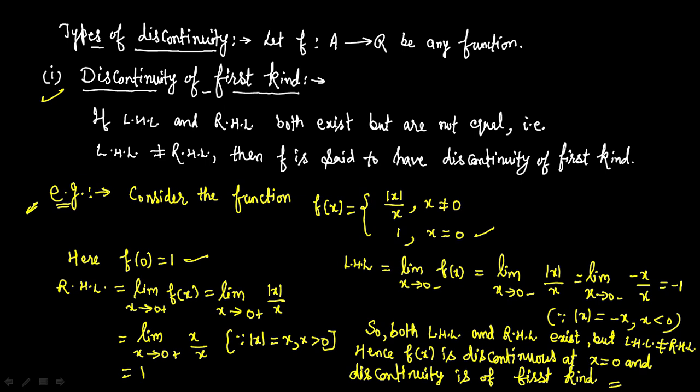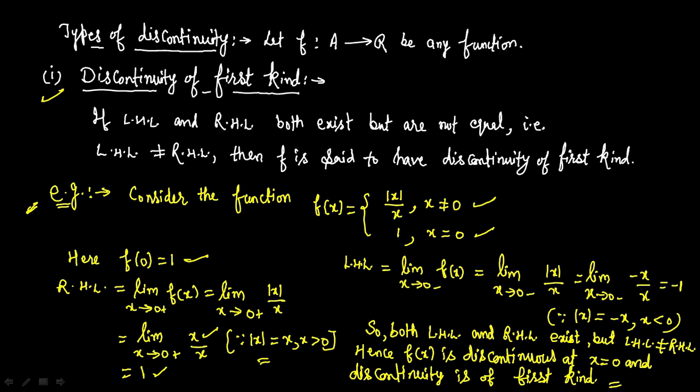You put the value of f(x) from here when x is not equal to 0, so it is mod x upon x. But you know very well from the definition of the absolute value function that mod x equals x if x is greater than 0. So we replace this mod x by x in the numerator. So you get x upon x, which is 1. When you put the limit, you get the answer 1. So RHL is 1.